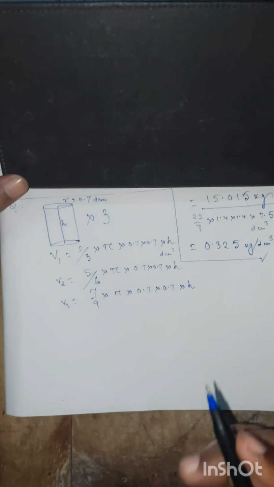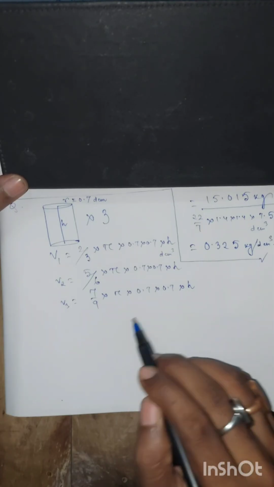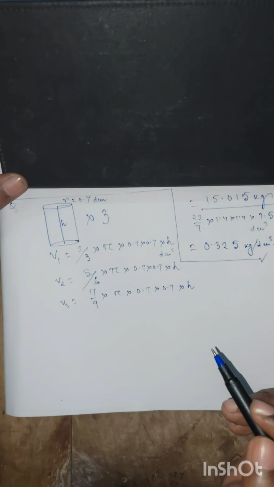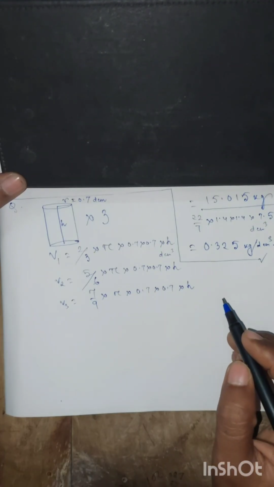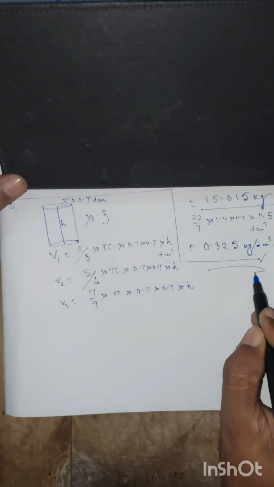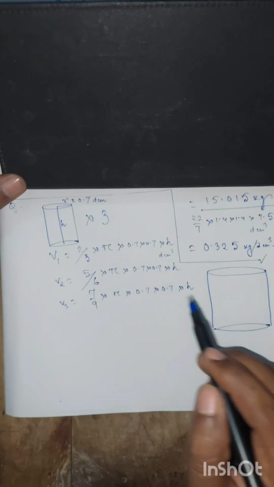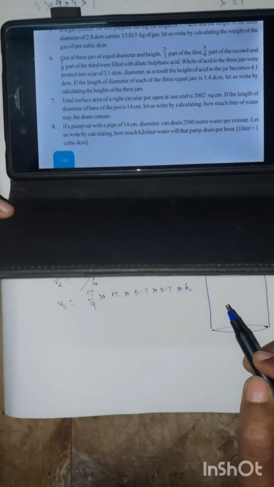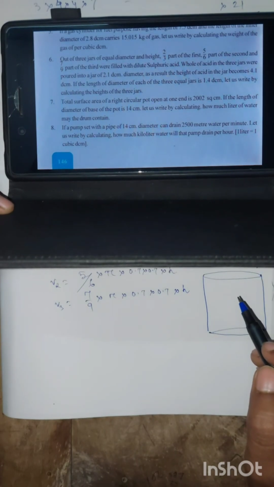Now we are pouring. Now we are transferring this acid into a bigger jar, which has the dimension 2.1 decimeter diameter.